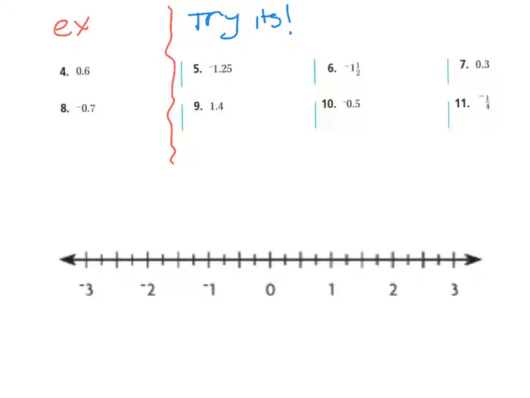Okay, so number 4 is 0.6. So it's going to be a positive number, but not quite 1, so it's going to be right about here. Okay, and I'll label that 4. Oh, that was a big 4. There we go. And then number 8 is negative 0.7, and that's going to be almost negative 1, right about there.